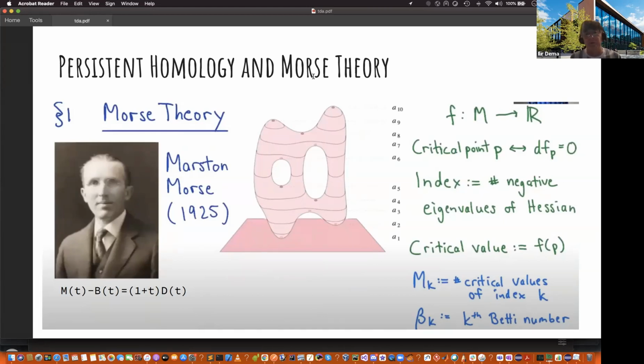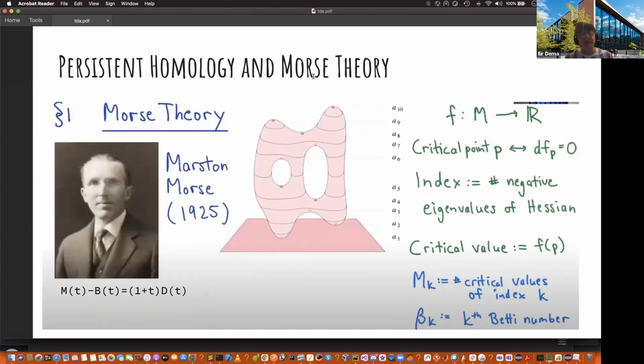Now, what are the points with index 1? Well, there are saddle points. How many saddle points? There are 4 saddle points. So we would have plus 4t. And then we would have the 2 top points with index 2, plus 2 times t to the power 2. So that would be the polynomial MT.